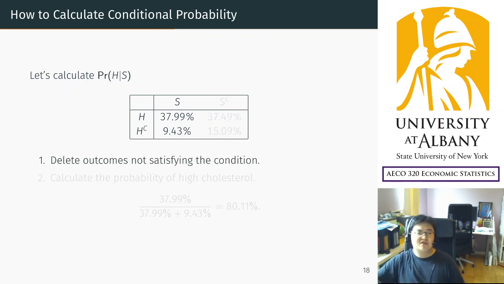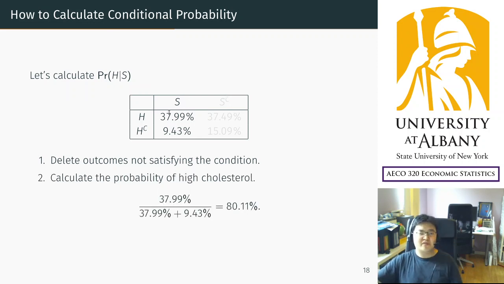To calculate the probability of high cholesterol among smokers, the first thing you need to do is delete the observations not satisfying the condition. So delete these guys. They don't matter at all in this condition. And calculate the probability of high cholesterol. That's it.